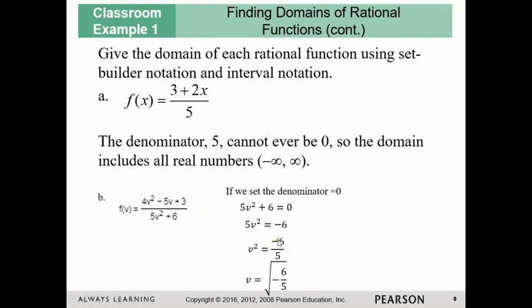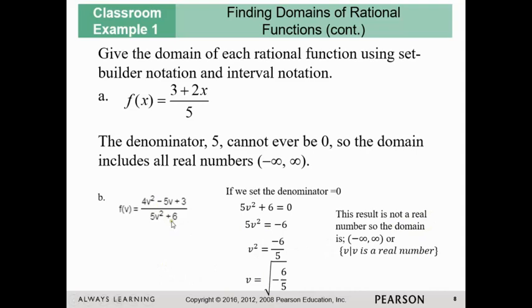So we get the square root of negative 6 fifths. If you try to put that into your calculator, it will give you a domain error, because you can't take the square root of a negative number. In chapter 7, we'll talk about how to deal with imaginary numbers, but right now we're saying that this is not a real number.